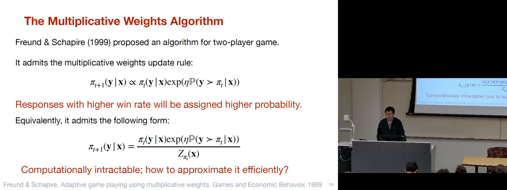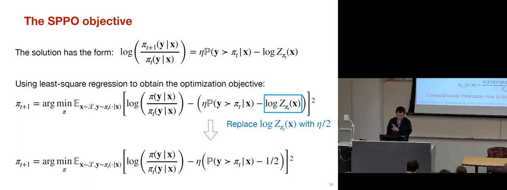So the question is how to approximately solve this equation. We first move pi t of y given x to the left-hand side, and then take log on both sides of this equation. Then we get the first formula in this slide.